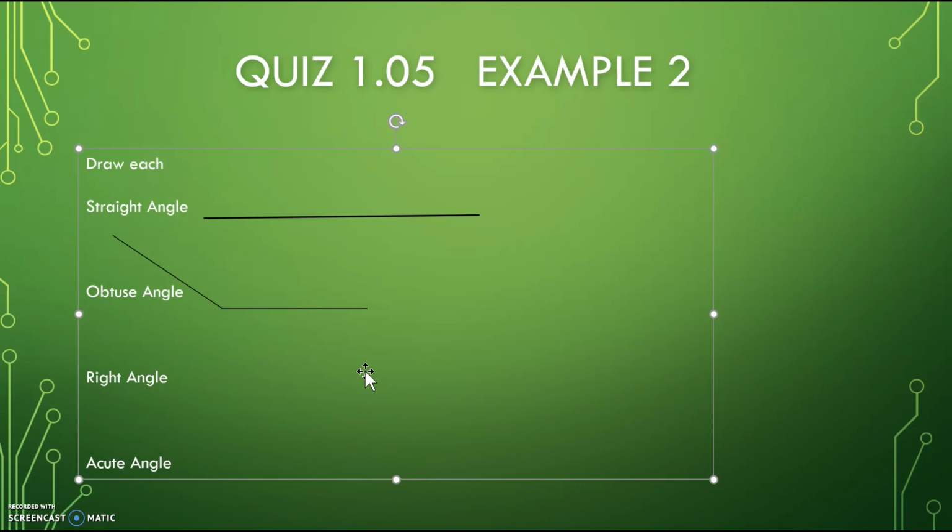Now a right angle makes a perfect 90-degree square corner. So I'm going to do my best for that. So our right angle here, and then another one. Come on now, there we go.